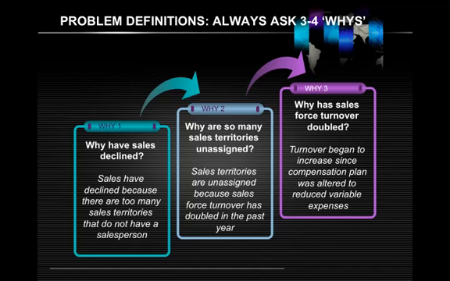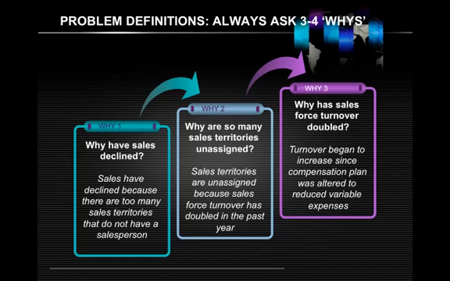Now, the reason why there are so many sales territories that are unassigned is because so many salespeople have left the company in the past 1 year. So the turnover, or the attrition rate, has essentially doubled in the sales department. And then you ask the third why, which is, okay, so why has the attrition rate doubled?